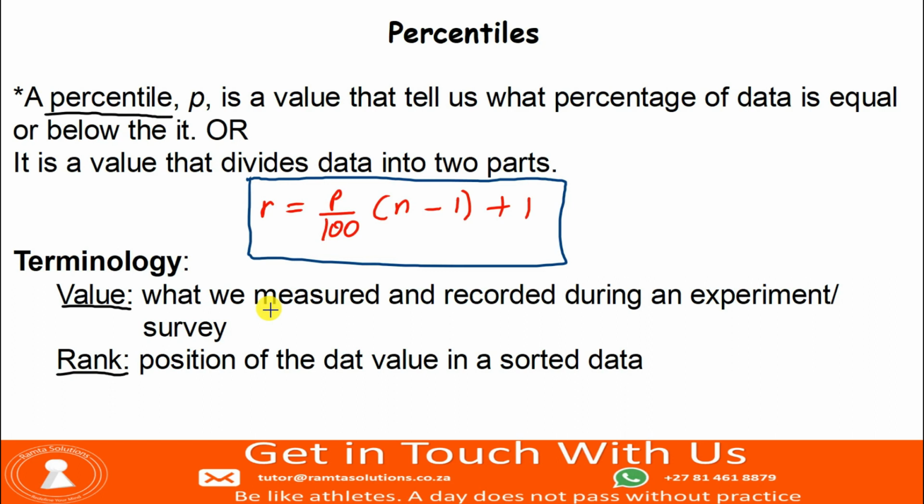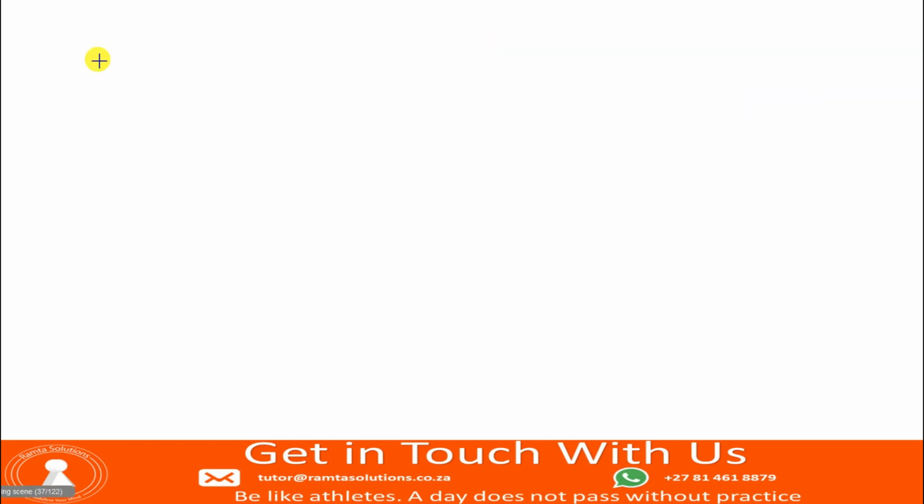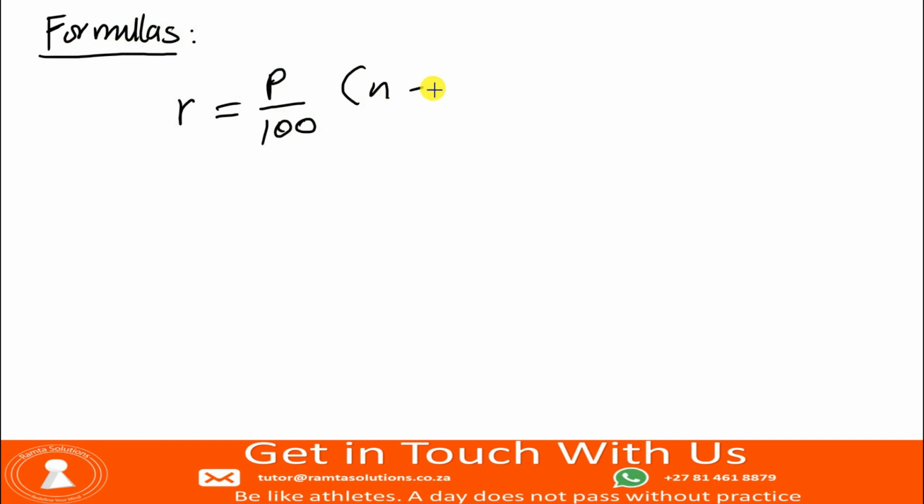Otherwise, there are also different formulas. Let me give you another formula that you can use to find your data. One, we mentioned R equals P over 100 times (n minus 1), plus 1.